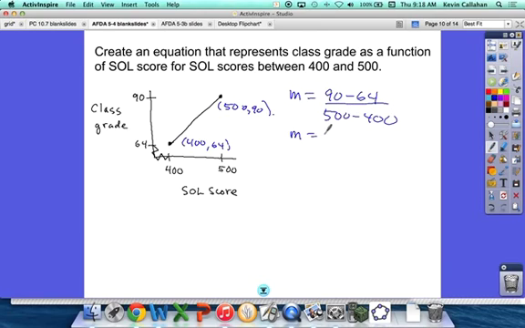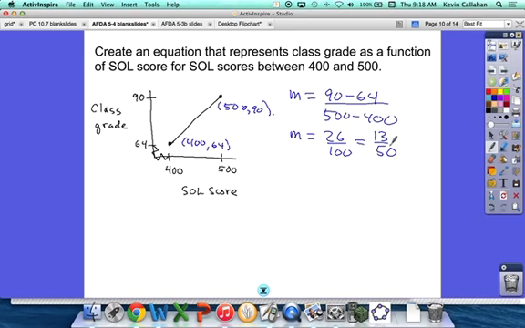So our M is positive 26 over 100. And we could simplify that, right? What's 26 over 100 simplified? What's the common factor? 2. I mean, they're both even. 13 over 50.